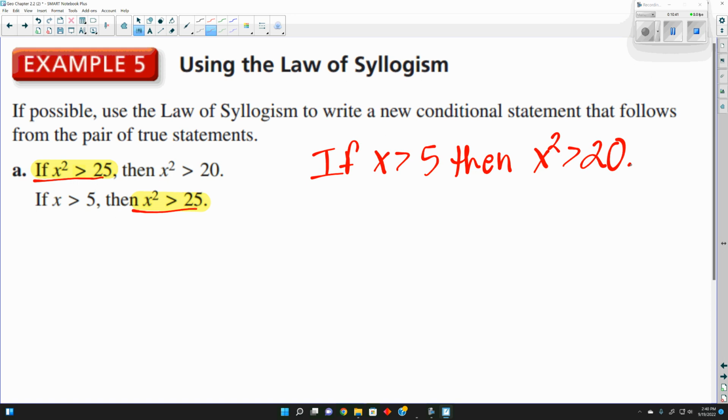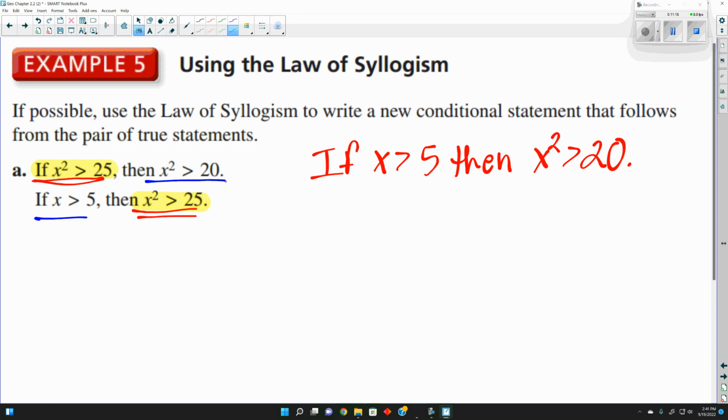Instead of putting the x squared is greater than 25 in the middle, you just drop it, because it's true in both. Since it's true in both, we can attach the other two together. Because if a conclusion of one matches the hypothesis of the other, then we can put the other two together to make a single statement.